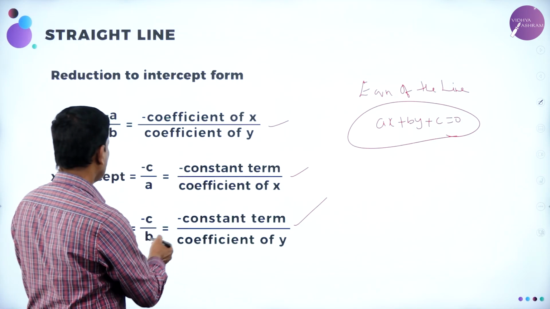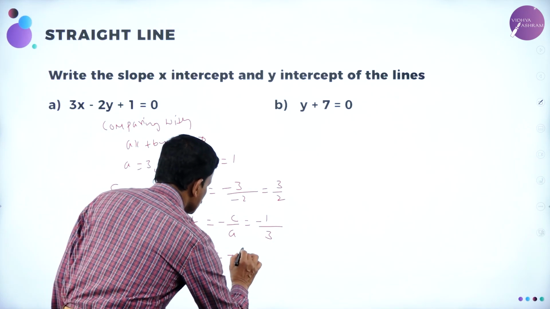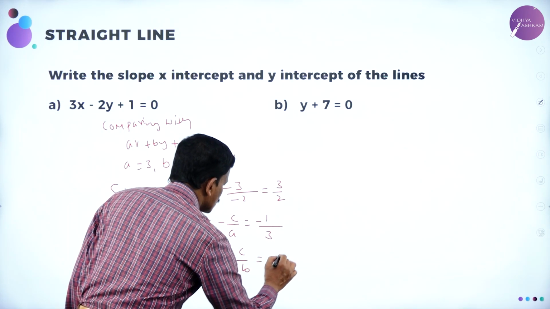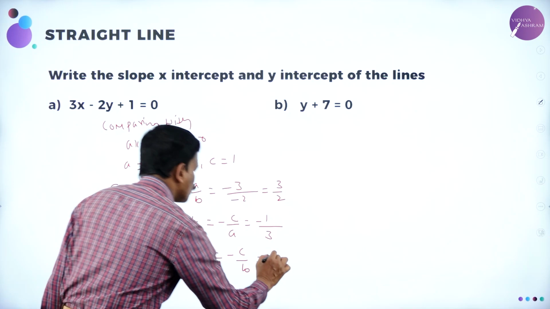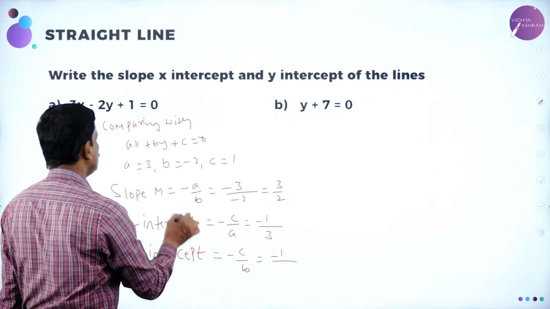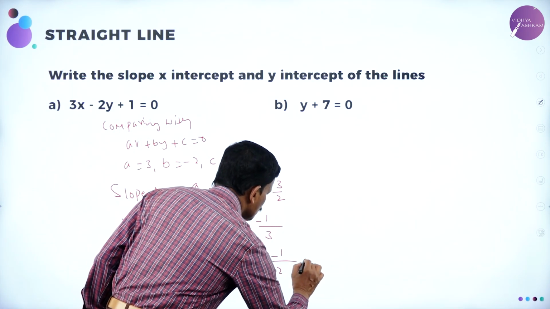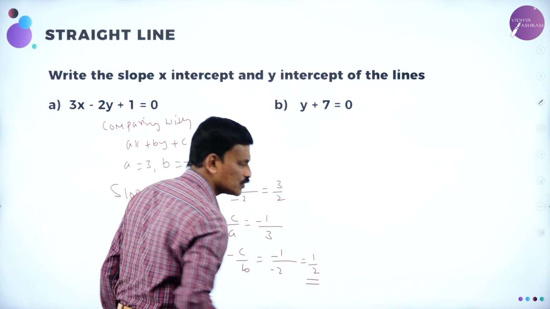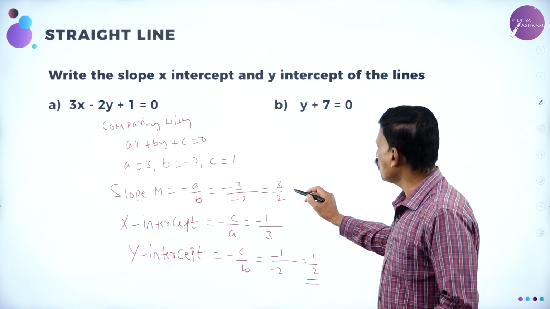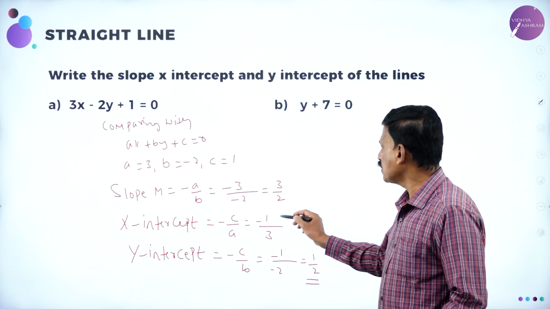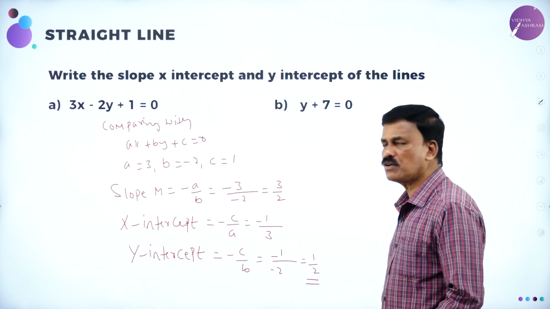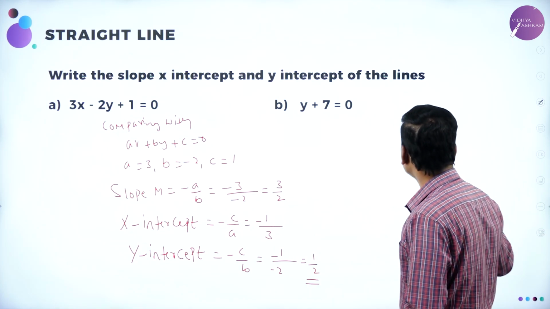What is the formula for y-intercept? Minus c by b. Minus, what is c? c is equal to 1, divided by b, which is minus 2. So this is equal to 1 by 2. So for the given problem, the slope is 3 by 2, the x-intercept is minus 1 by 3, and the y-intercept is 1 by 2. Similarly, move on to this problem.